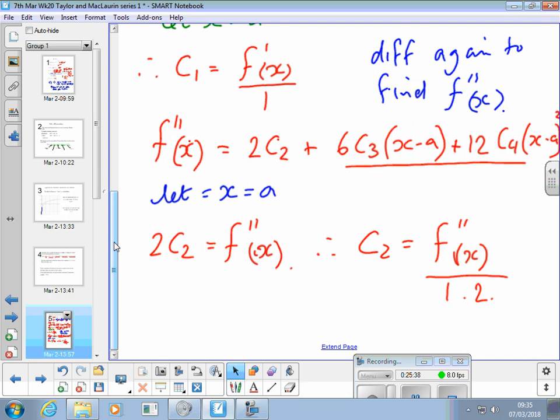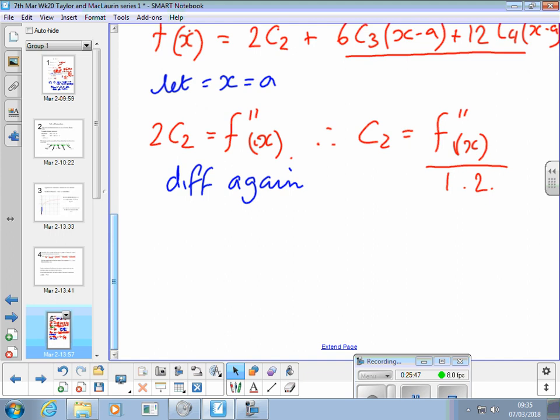So, differentiate again. F triple dash X is equal to.